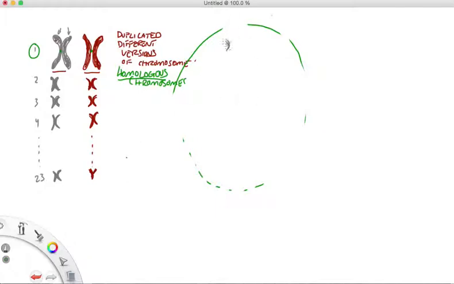Maybe for chromosome 1, it looks like this. And chromosome 2, maybe mom's on that side. Chromosome 3, maybe mom's still on that side. Chromosome 4, maybe they're over there. It could be on either side. All those down, all the way down to 23, where maybe this is on this side.